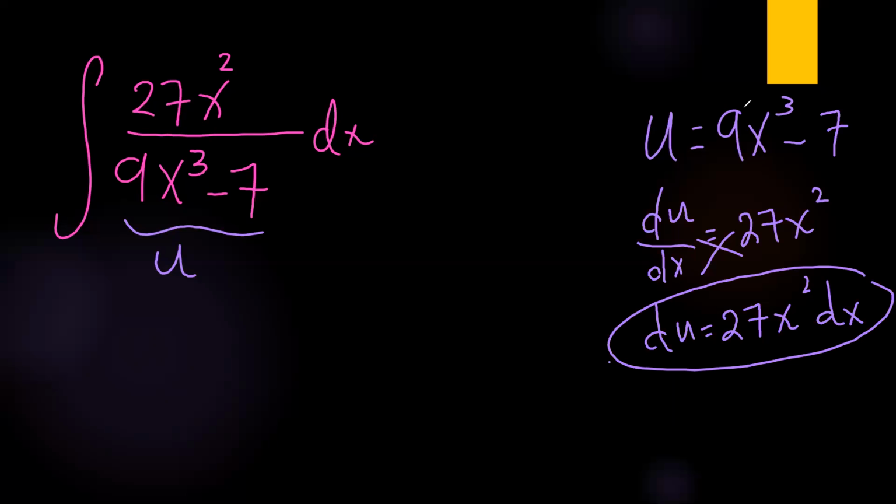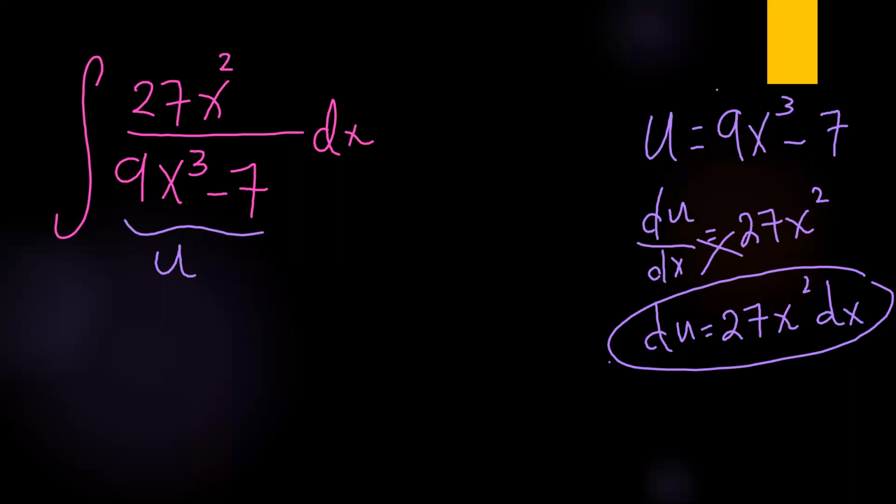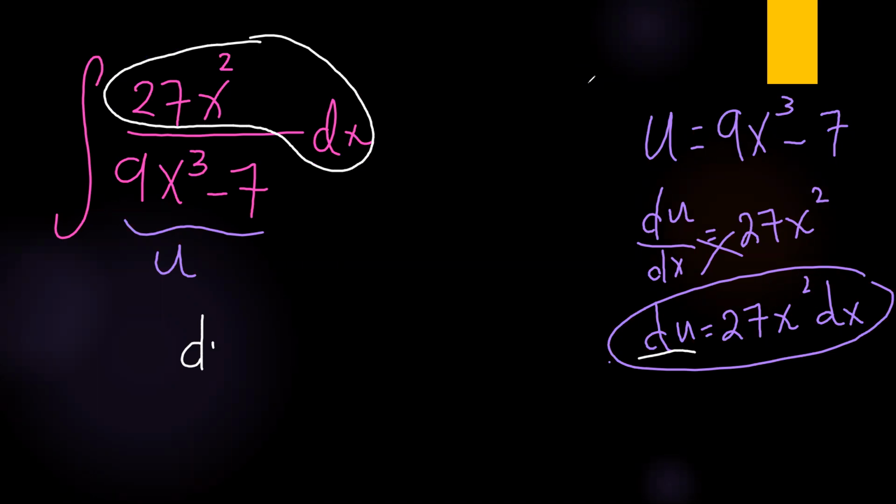Then, so 27x squared dx, I can replace it with du over 9x cubic minus 7, which is u.